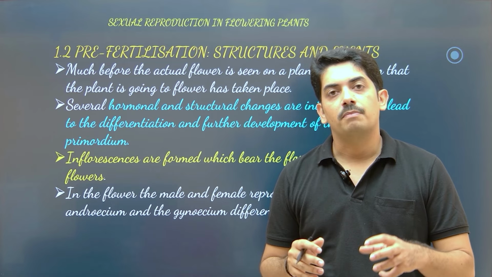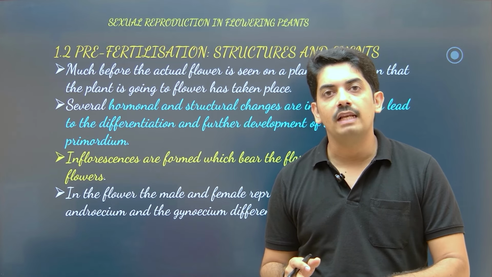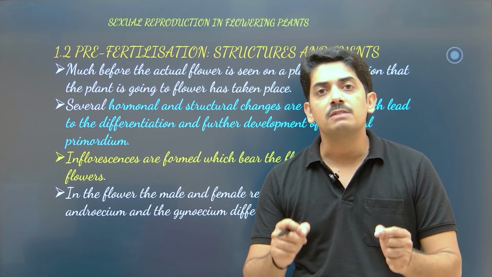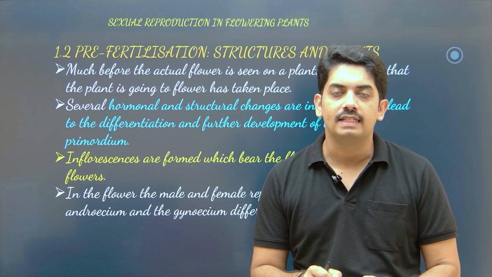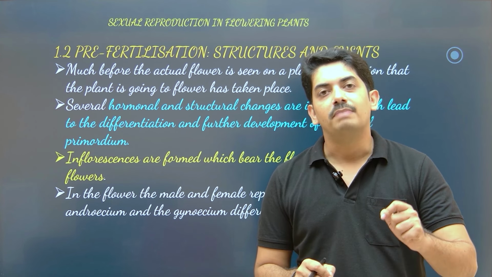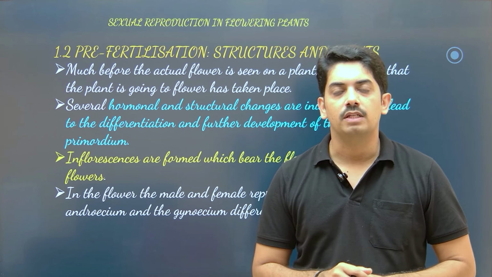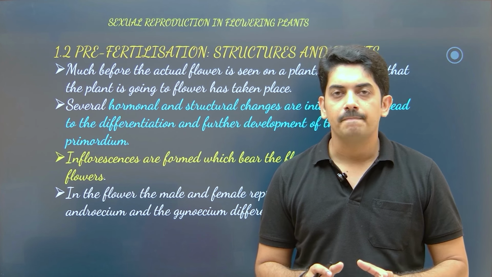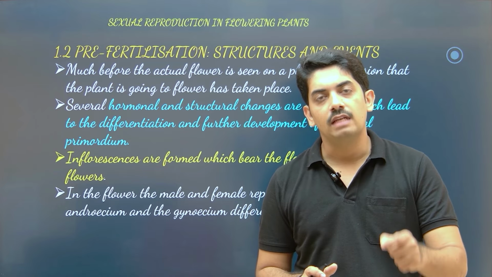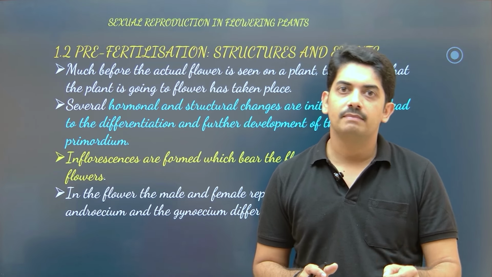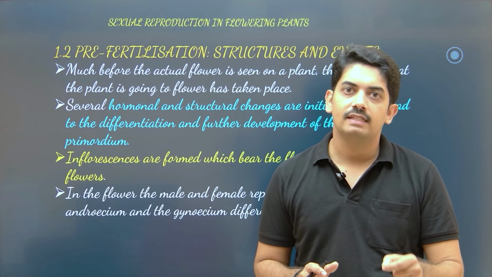See, for the formation of male gamete and female gamete, there should be a specific structure in the plant which helps to bear the male gamete and female gamete. So initially we study the structure which helps in male gamete production, nothing but the androecium, and the structure which helps in production of the egg, nothing but the gynoecium.